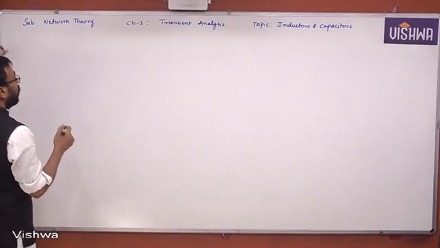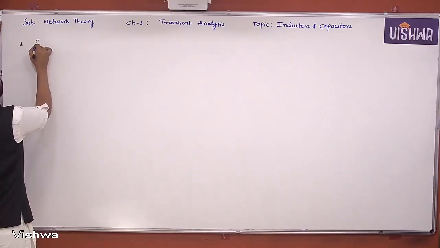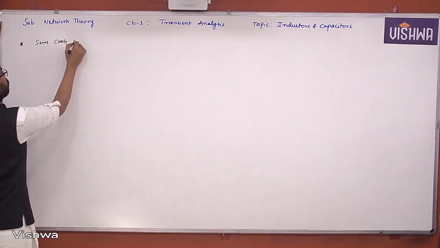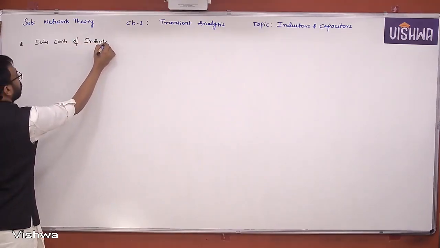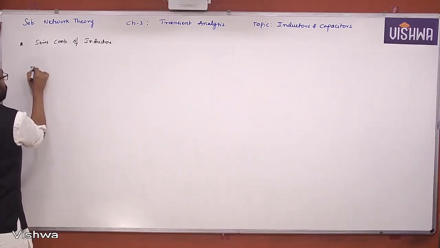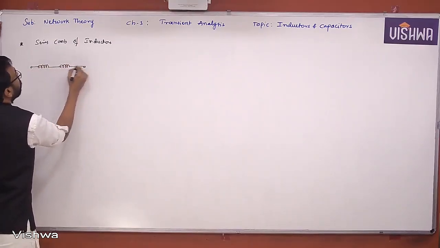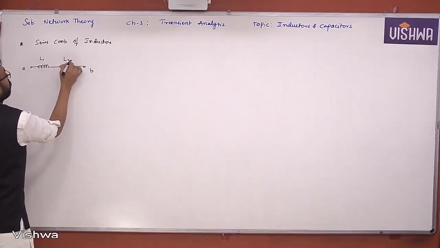Now let us also look at the series and parallel combination of inductors. First let me look at series combination of inductors. Okay, so let me take L1 and L2. This is L1, L2.